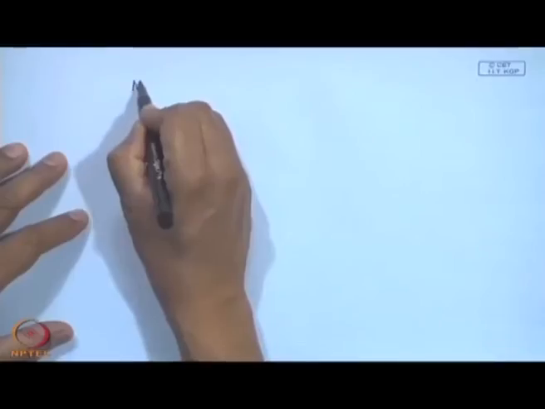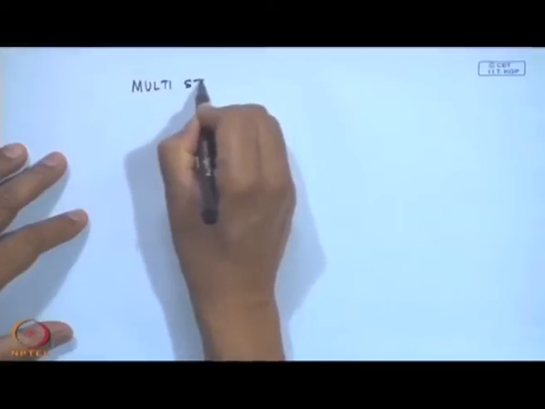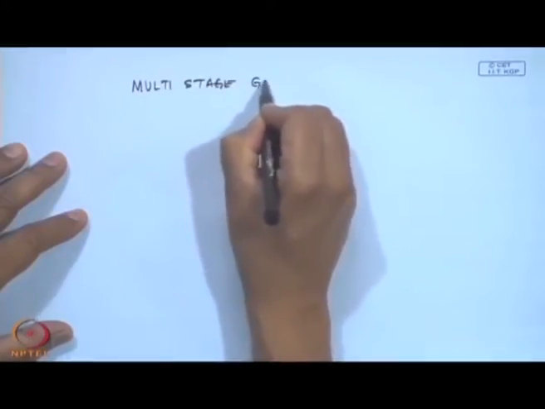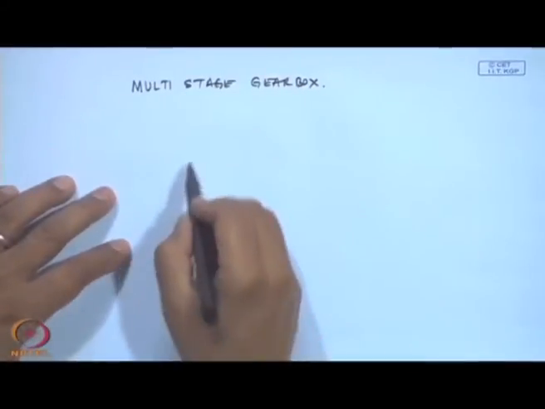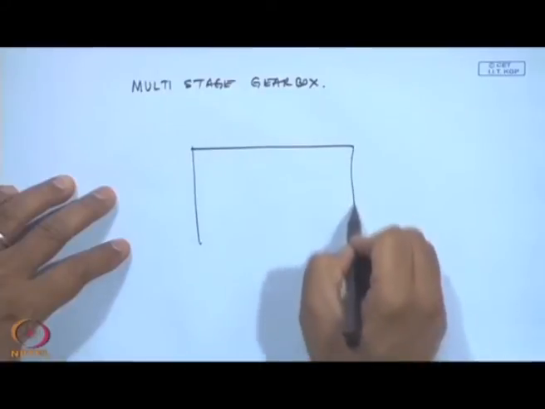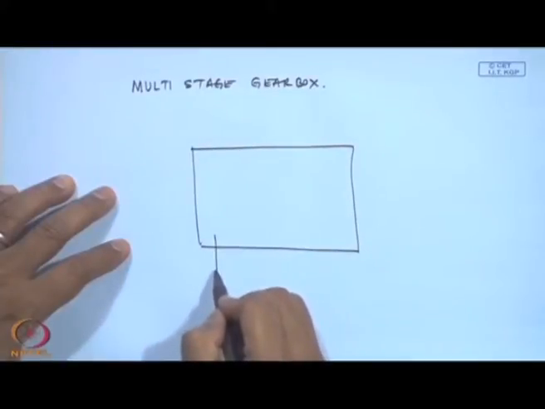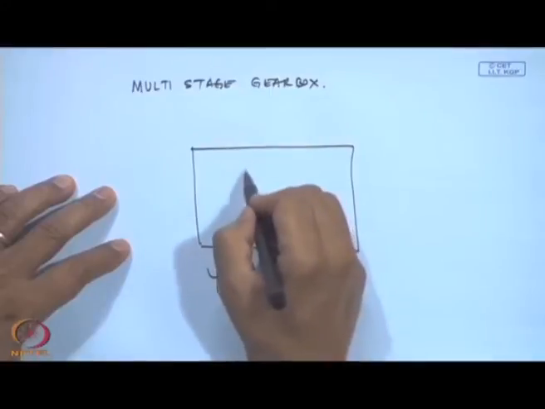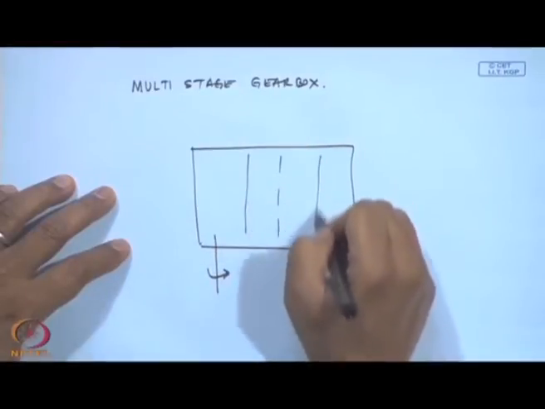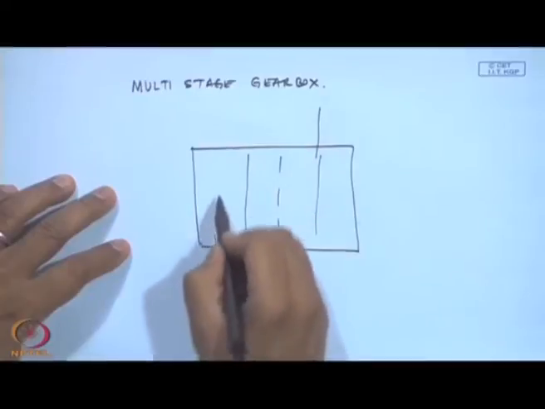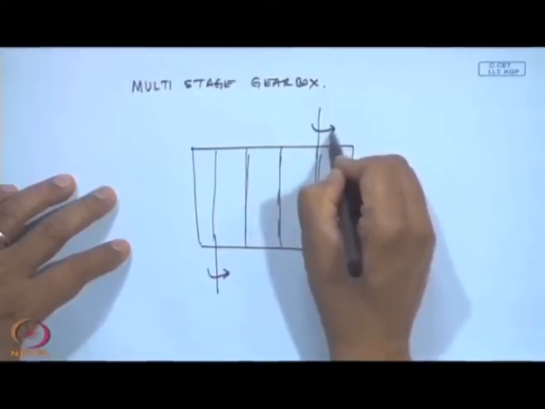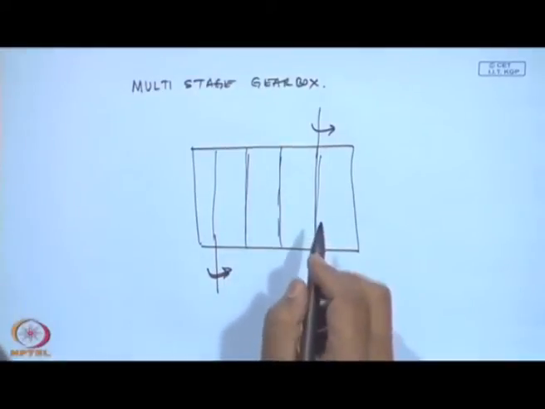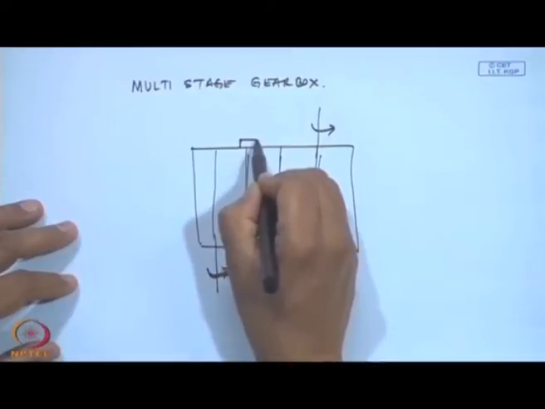But think of a multi-stage gearbox, wherein I have an input shaft, and of course, there are a lot of intermediate shafts, and I have bearings at every location.